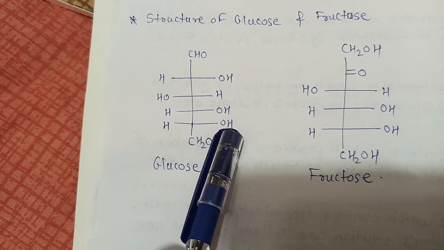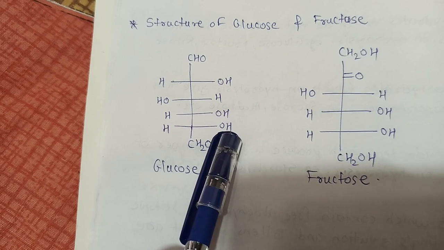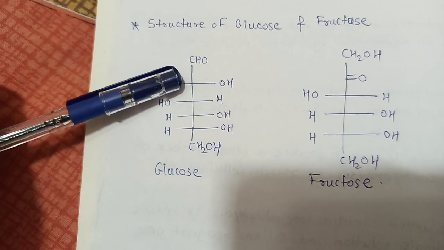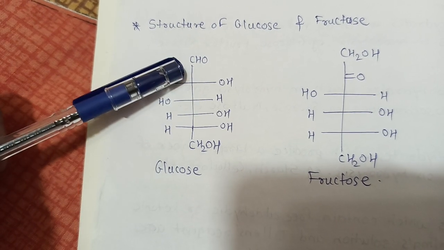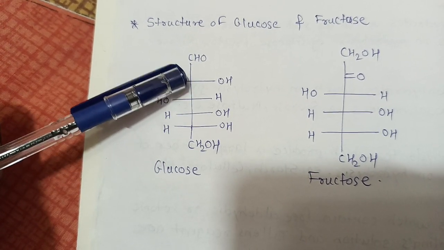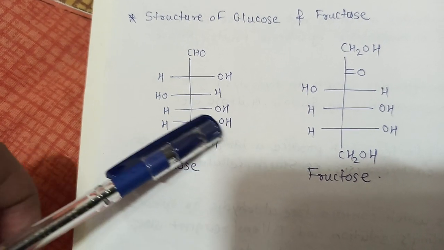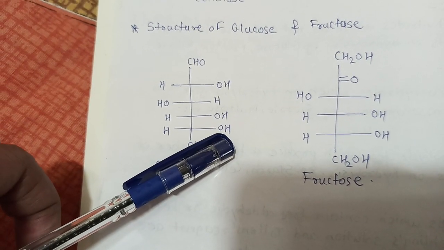If we see the structure of this glucose, the carbon C5 OH is at the right side. In glucose, how many chiral carbons are there? There are a total of 4 chiral carbons in glucose, carbons attached to 4 different groups, and the last chiral carbon has OH attached to the right.